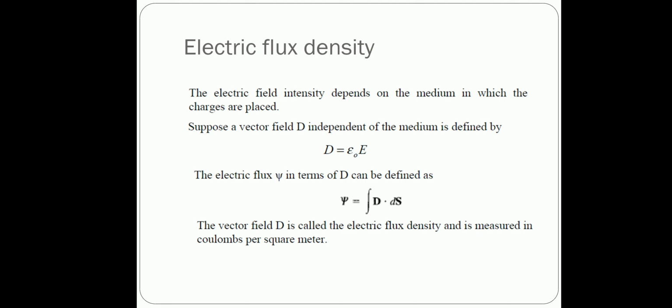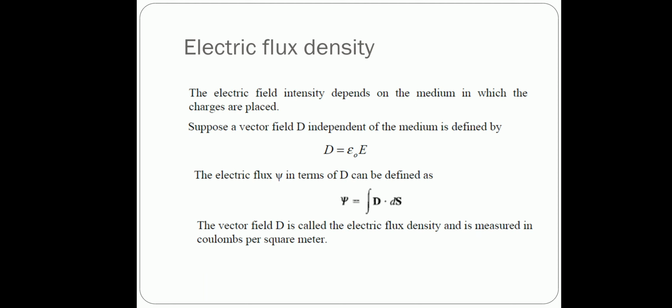Then if we have an electric flux psi, we can represent this electric flux psi in terms of D, and that is psi equal to the surface integral of D dot ds. The basic difference between the electric flux psi and the electric flux density D is that the electric flux density is the field lines produced across the unit encircled area, whereas the electric field is defined as the electric force per unit charge that we already saw in the previous video.